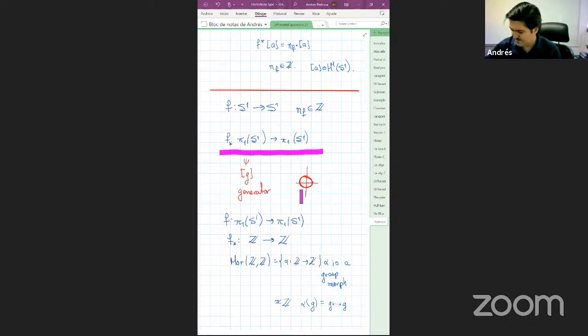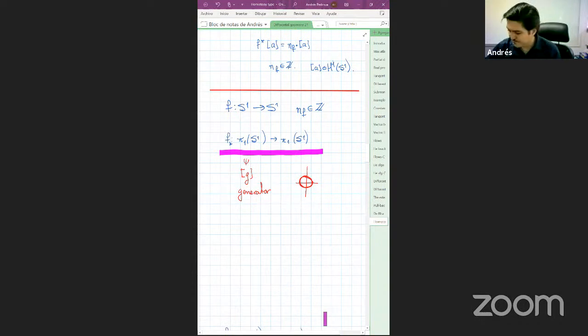Okay, so I want to understand this map. By definition, this map is G composed with F. What can you say about this map?